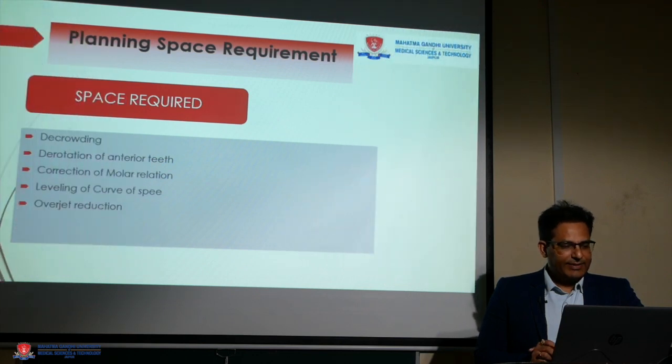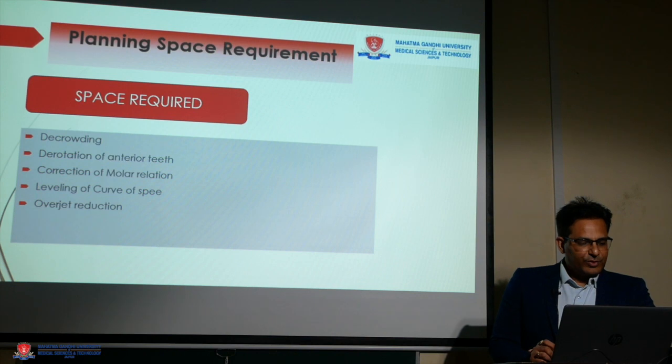Another part is planning space whenever we have to plan the treatment. There are certain situations in which space is required, like for decrowding, derotation of anterior teeth, correction of molar relation, leveling of curve of Spee, and overjet reduction.